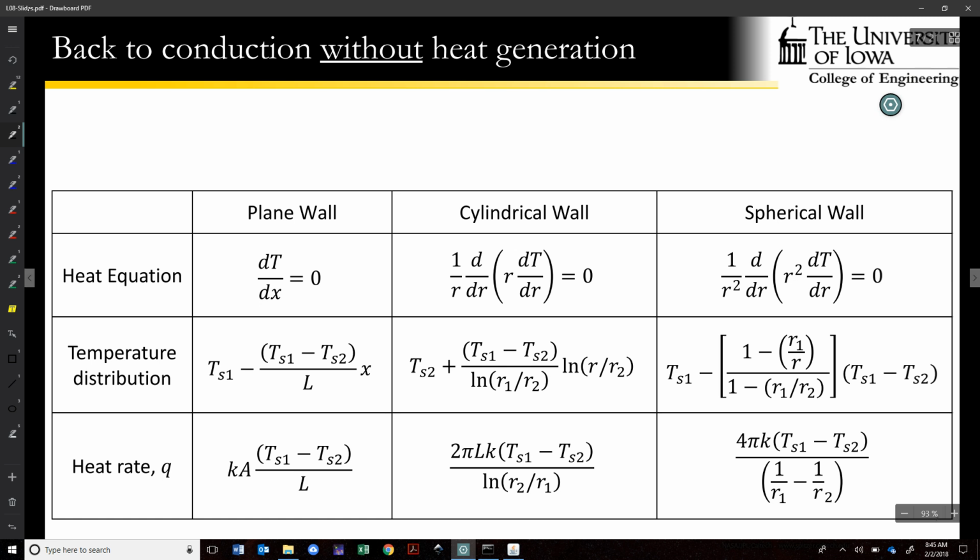So right here we've got the cases we considered: the plane wall, the cylindrical wall, and the spherical wall or spherical shell. These are all one-dimensional. In the case of the plane wall, T is a function of x, distance across the wall. Cylindrical wall, T is a function of r, and the spherical wall, T is also a function of r.